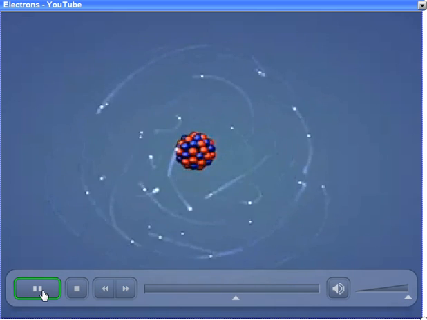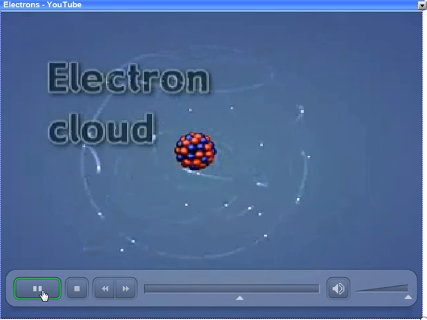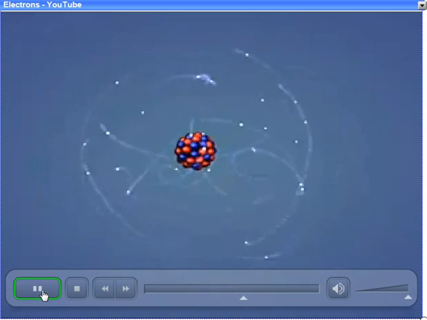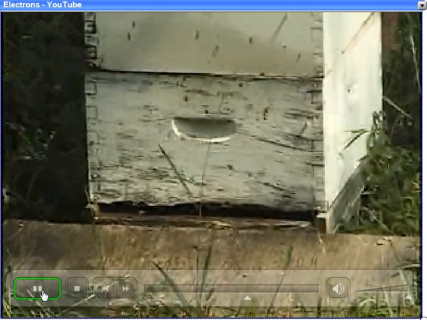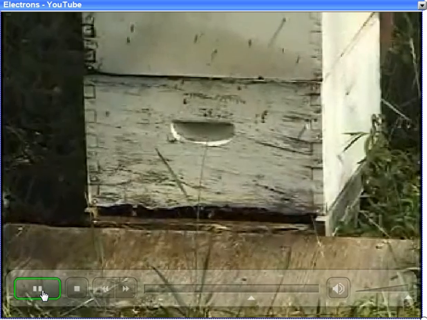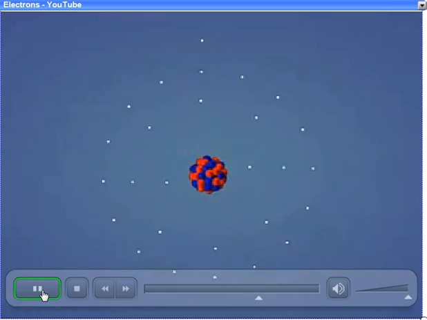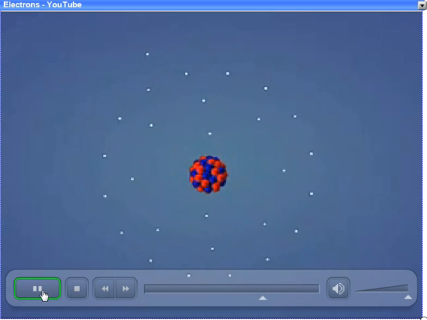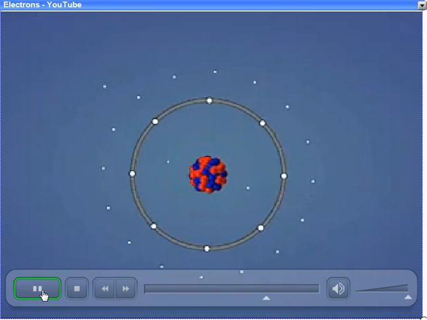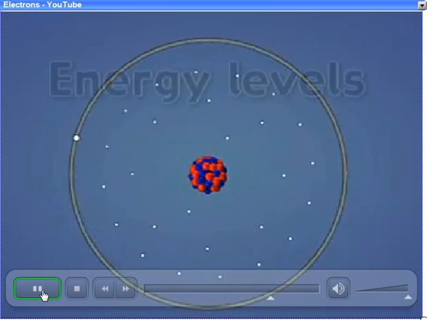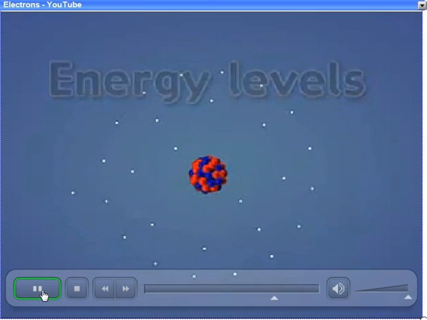Scientists refer to the general space that electrons occupy as the electron cloud. The electron cloud can be thought of as similar to the space where bees are found swarming around a hive. Electrons are locked into certain areas within the electron cloud. These areas are called energy levels.